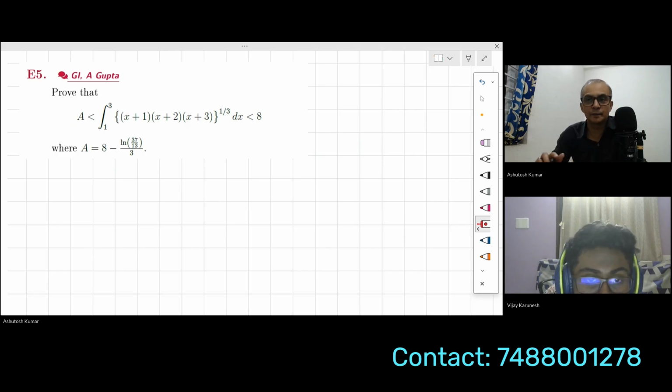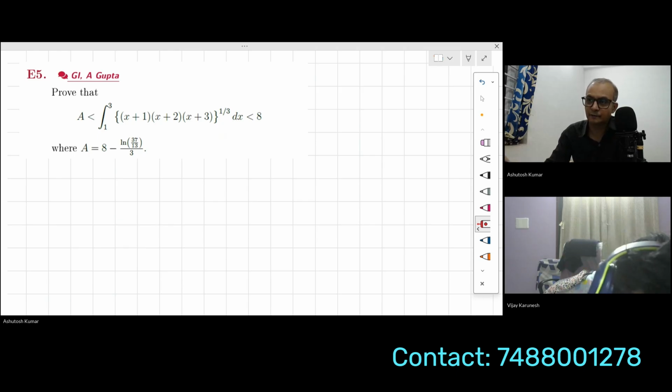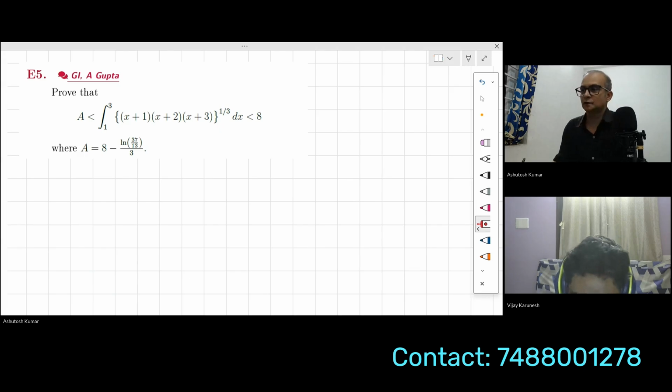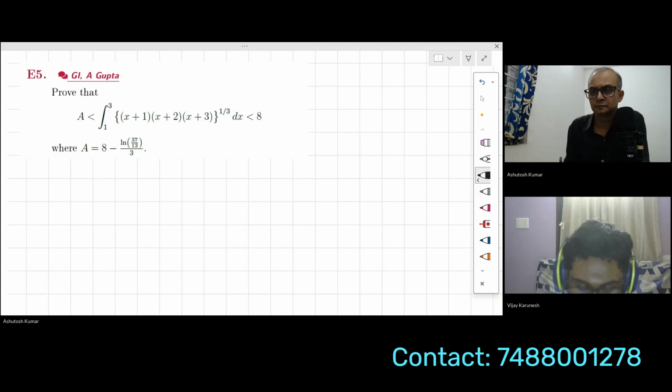Exactly. So can you apply the AM, GM, HM inequality, and after applying it, you can apply the integration on all these three expressions and you will get it. Please try. So what did you do, just tell me. First, you applied the AM greater than or equal to GM inequality, sir.